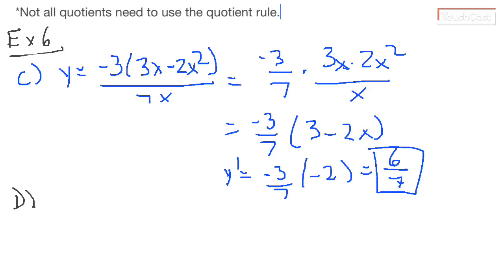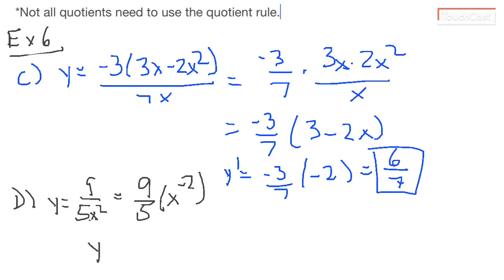In 6d, we're going to have y equals 9 over 5x squared. Well, let's rewrite this. We can rewrite this as 9 over 5 times x to the negative 2. Well, y prime's not going to be that bad then. We'll bring 9 over 5 through. The derivative of x to the negative 2 is negative 2 x to the negative 3.